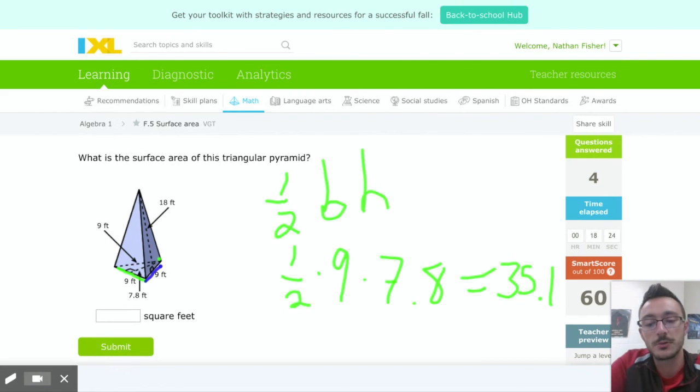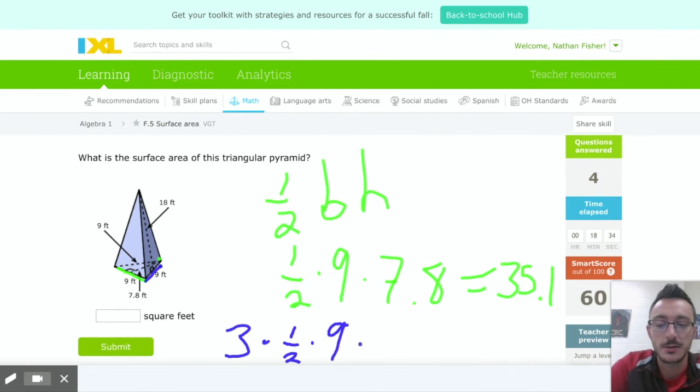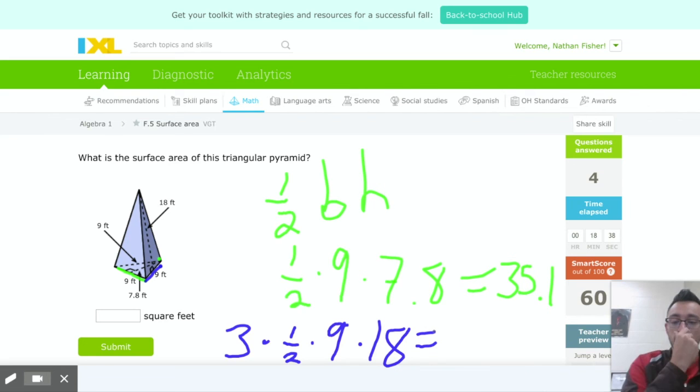Since they're all the same, I could do 3 times the 1/2, base of 9, height of 18. So I can do 3 times 1/2 times 9 times 18 and get 243.